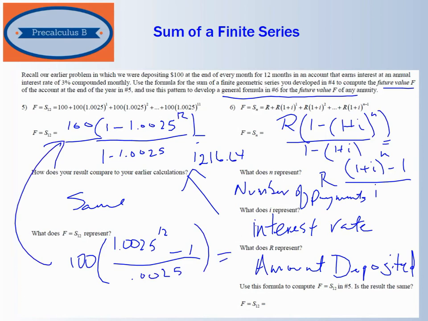When we use this, it comes out the exact same. So we just generalized the formula and simplified to get the same value. This is a way in which we can determine the sum of a finite series in which we have this interest rate. And this is just something that we can use for a future value for any annuity or any type of savings where you're depositing the same amount monthly and you're compounding monthly, etc.